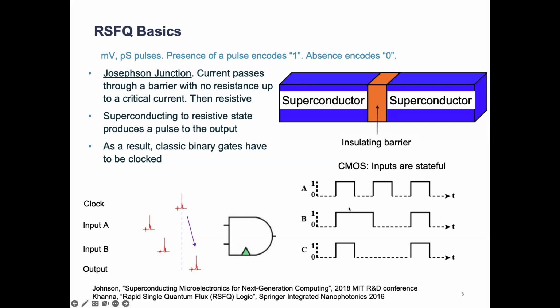So on the right, I showed the equivalent AND gate in CMOS. And in CMOS, as you can see, both inputs A and B maintain their state, their voltage, for a certain period of time. Usually it's a clock pulse, and until the next clock edge. But that means that in CMOS, the input is stateful. The gate can just observe the inputs at any time and produce an output.